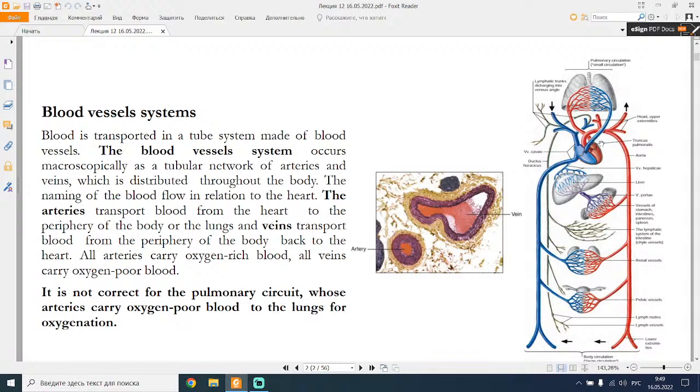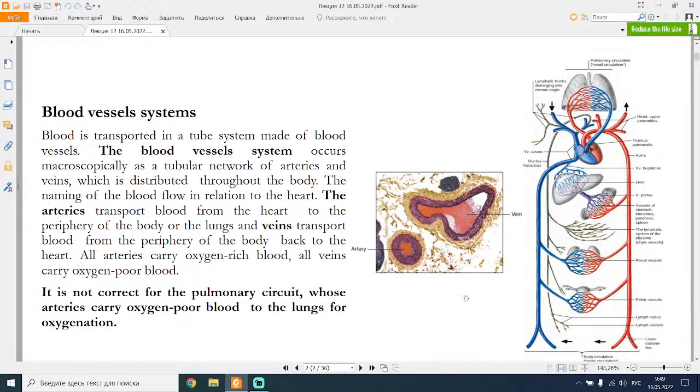The naming of the blood vessels is based on the blood flow in relation to the heart. The arteries transport blood from the heart to the periphery of the body, or the lungs, and veins transport blood from the periphery of the body back to the heart. All arteries carry oxygen-rich blood.